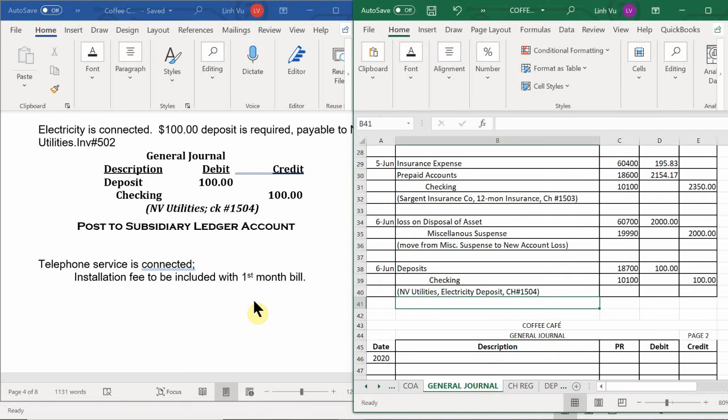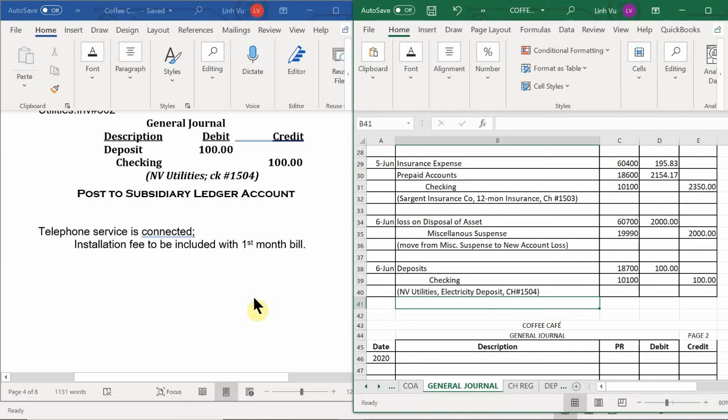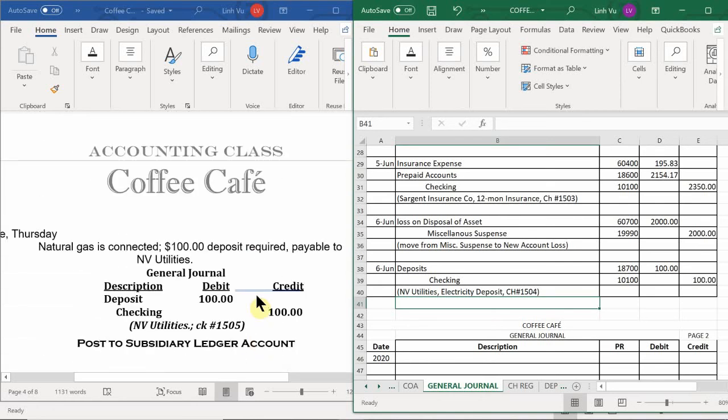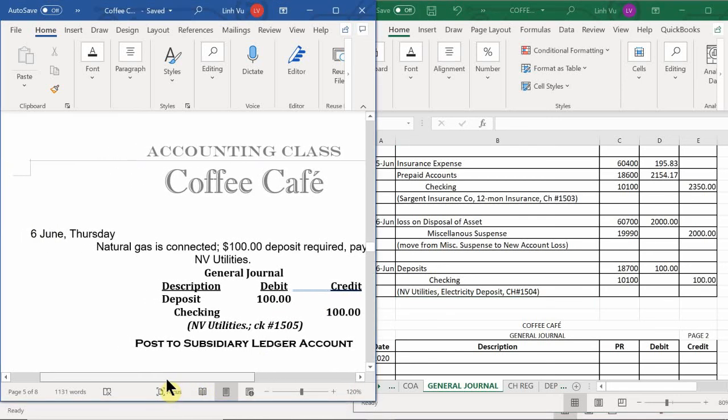It tells us that we won't get their information until we receive the first month bill. So you're correct. No transactions occurred because we haven't used the telephone yet, and we haven't received a bill yet. We don't know how much we owe. We don't even have the name of the company. So we can move on to the next transaction.